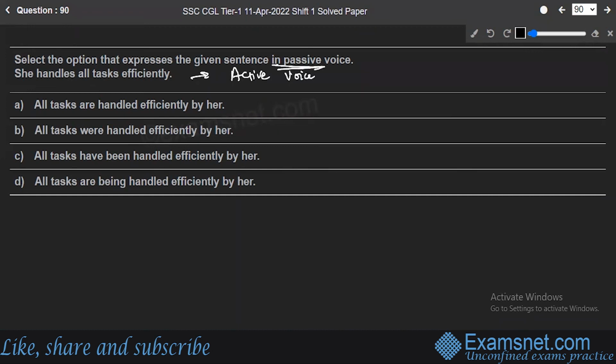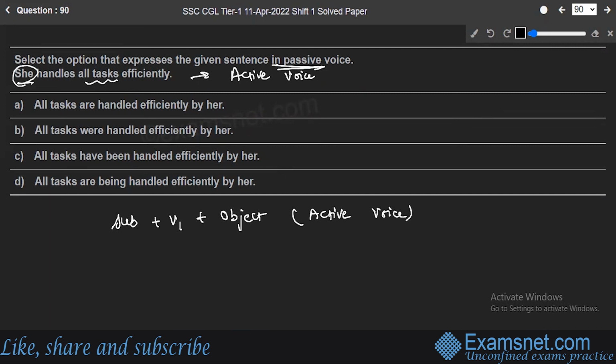The structure of the given sentence is like subject, right? Subject plus first form of verb plus object. This is basically your active voice only, right? So in this sentence, she handles all tasks efficiently. See, the subject of the given sentence is she, object is all tasks. The subject will be put in place of the object, and the object will be placed in the place of subject.